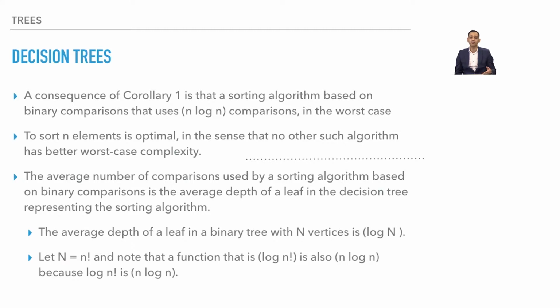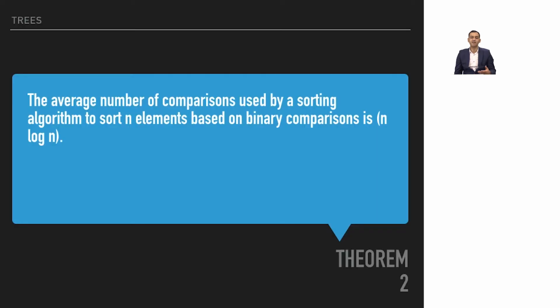We obtain the following estimate when we let n equal n factorial, and note that log n factorial is also n multiplied by log n. The number of comparisons used by a sorting algorithm to sort n elements based on binary comparison is n log n, and this is theorem 2.